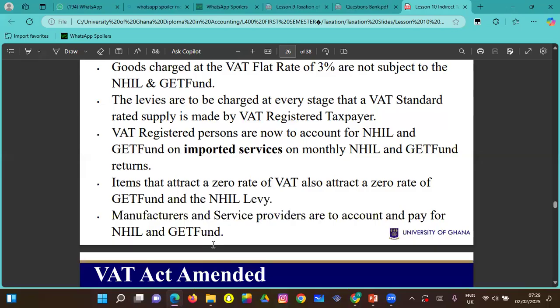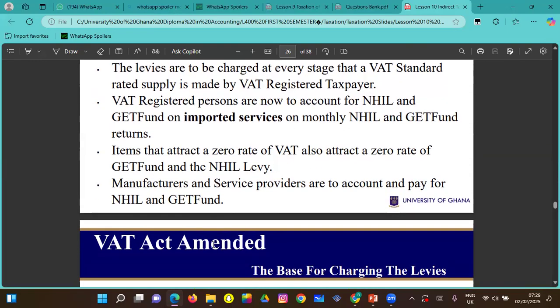VAT registered persons are now to account for NHIL and GETFund on imported services on the monthly NHIL and GETFund return. Items that attract zero rate of VAT also attract zero rates of GETFund and NHIL levy.